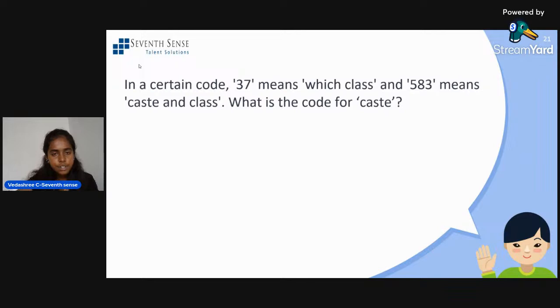So what is the answer? What is the code for caste? 5 or 8? Anyone? 8.